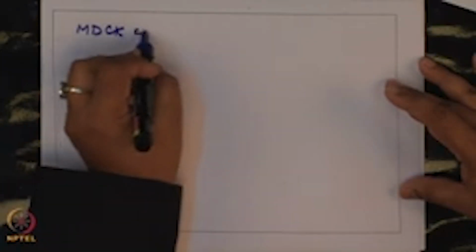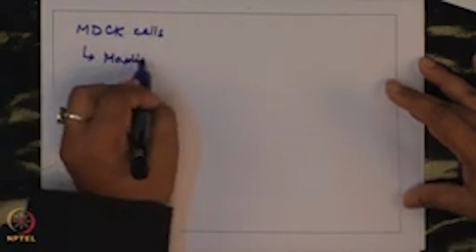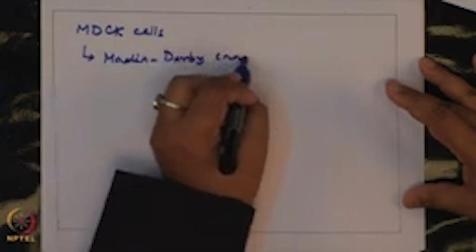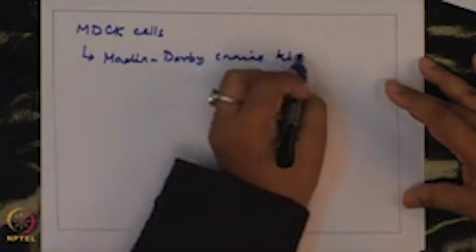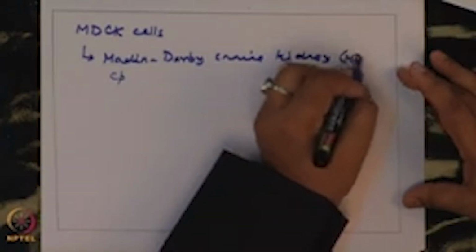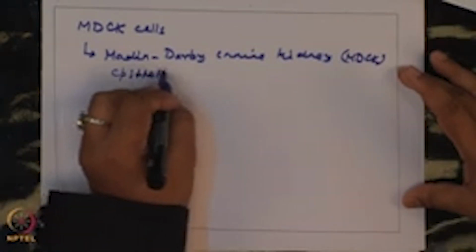The experiment I discussed just now was performed with MDCK cells. If I expand, these are Madin Darby canine kidney epithelial cells. So, this is the MDCK epithelial cells.